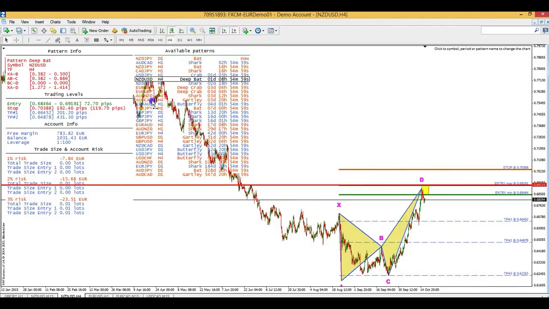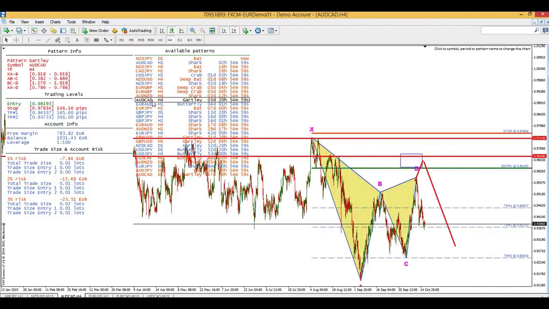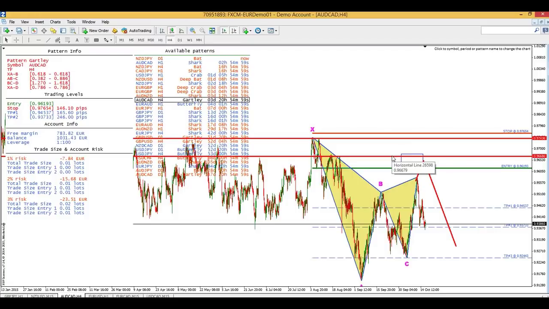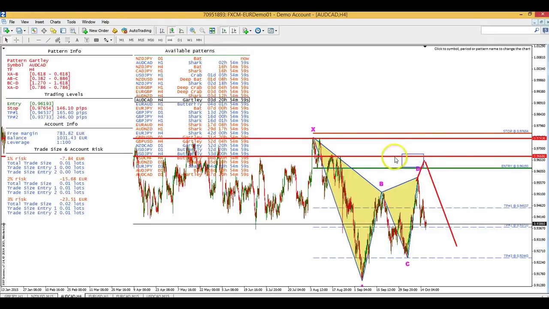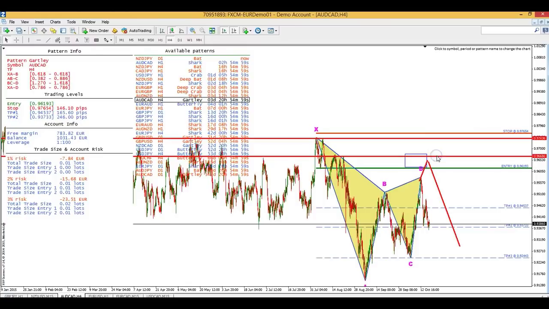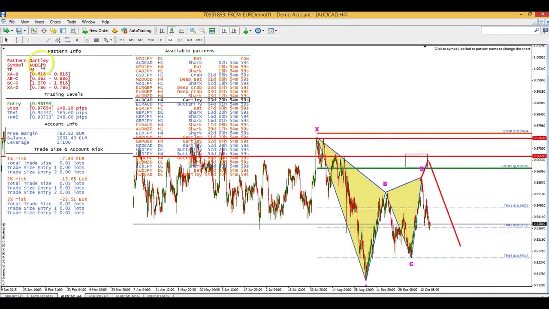So let's try this one, AUDCAD. Again, I have this line that I drew, and here's the entry up here somewhere. Now this would be the best possible entry, this one right here. Why? Because it's aligned with this resistance zone right here.